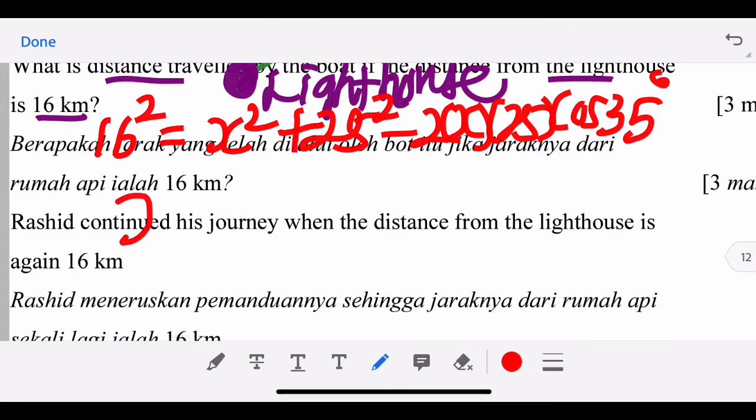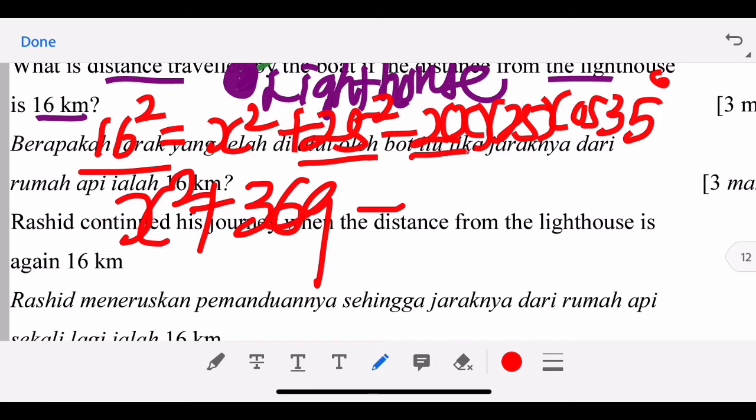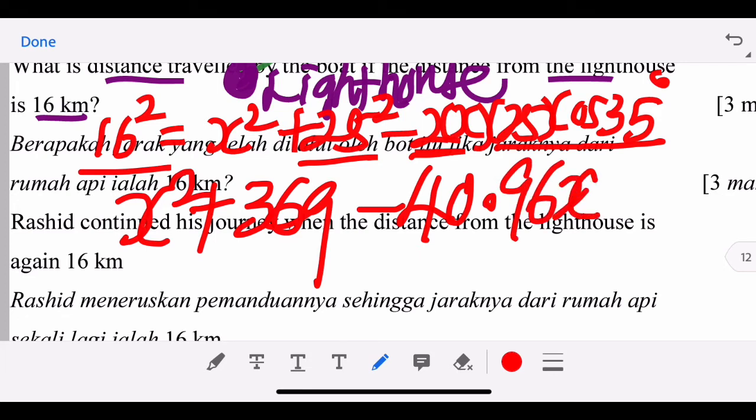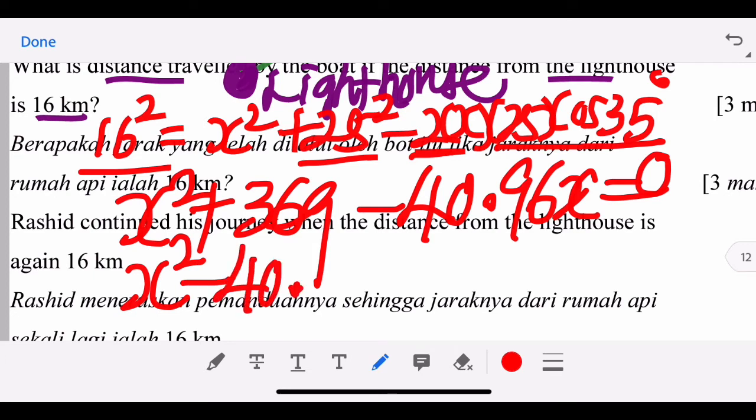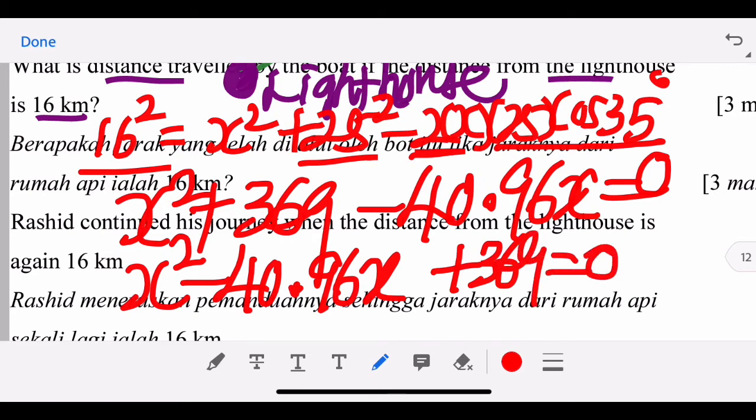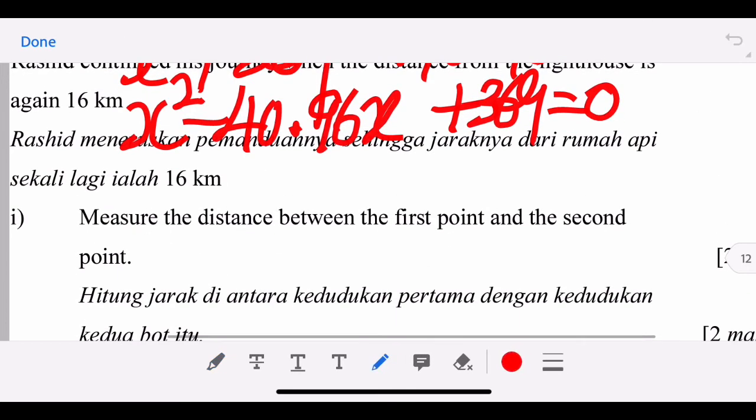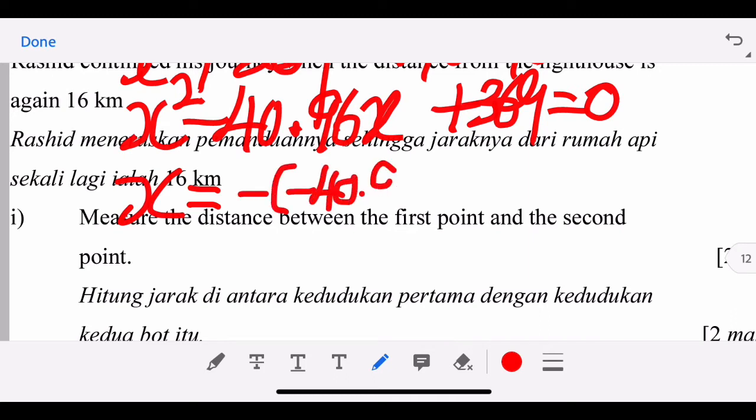Let me write down x squared plus this one minus this one, you will get 369, isn't it? And 2 times 25 cos 35, you get 40.96x, right? So this is not the general form, so please write the answer in general form before you plug into the formula. You have to show the proper steps because this is paper 2.